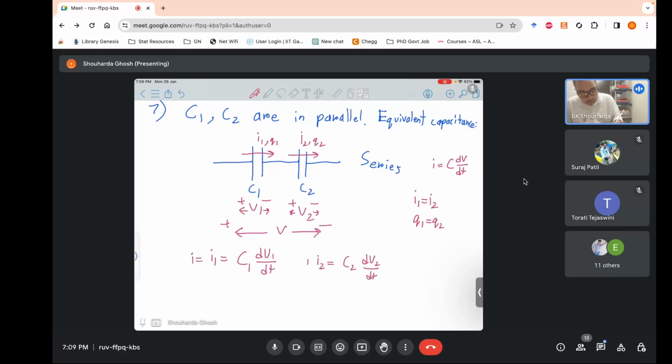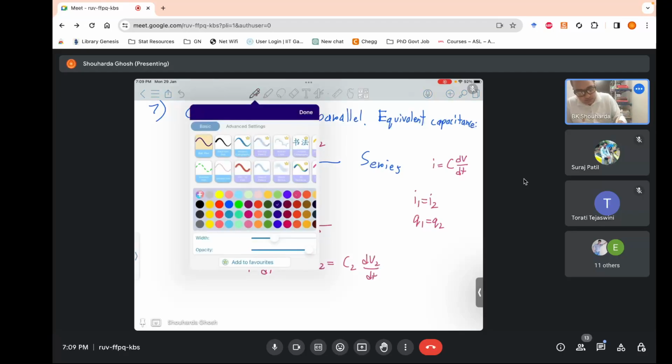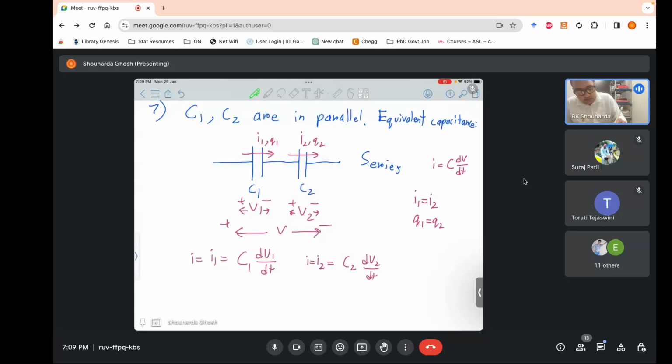So we say I equal to that. Now what we also need: this entire system behaves as an equivalent capacitance Ceq, through which the voltage is V and current is I. So we have I equal to Ceq dV by dt.